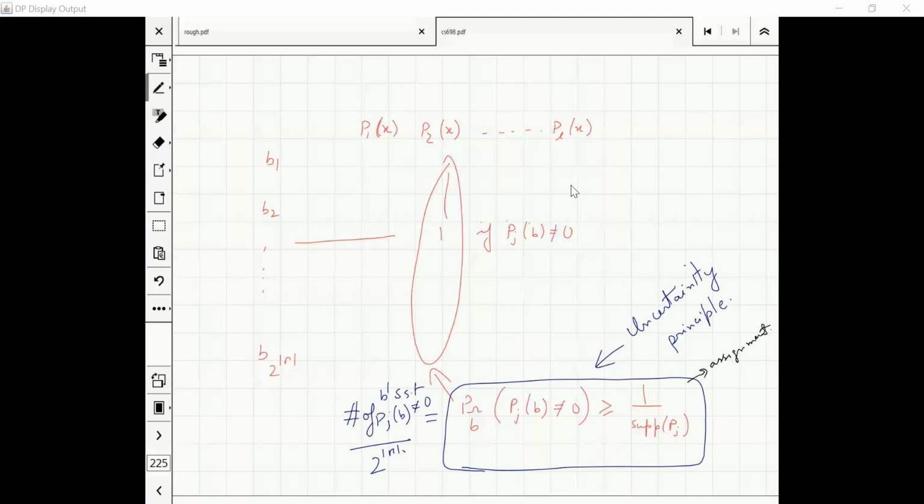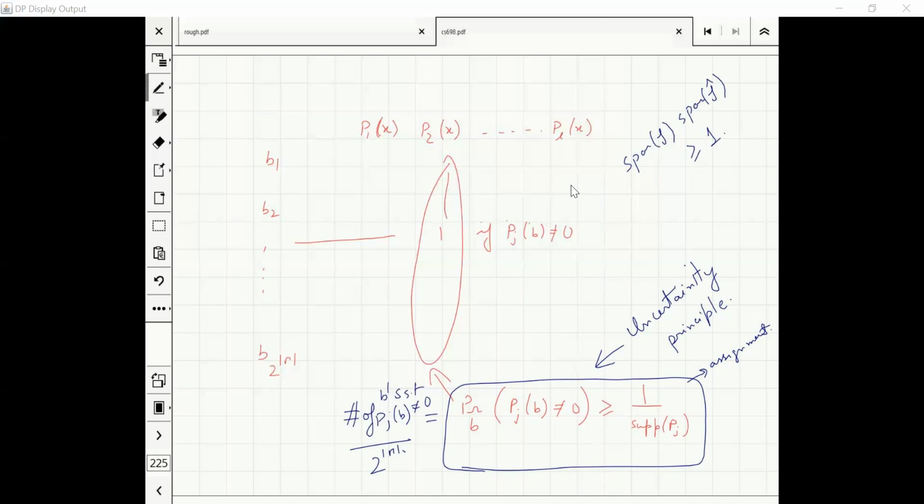This follows from the assignment. This is known as the uncertainty principle. If you are interested, you can read more about it. But there's not much. The point is that if you pick a function, then of the sparsity of f and the sparsity of f hat, at least one of them has to be large.